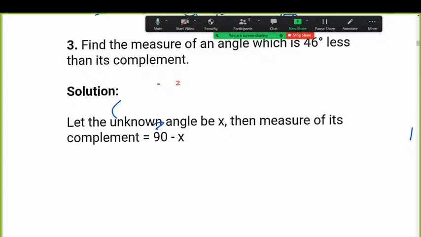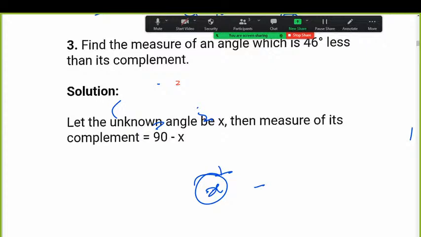Let's say the number is x. If I assume the number to be x, then the question is the complement.